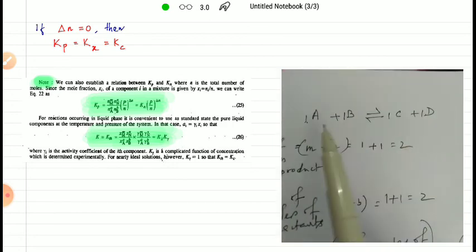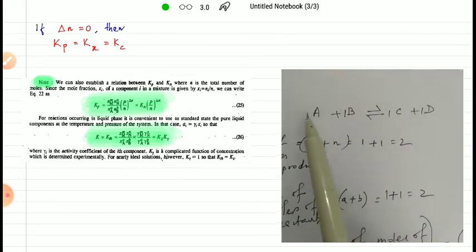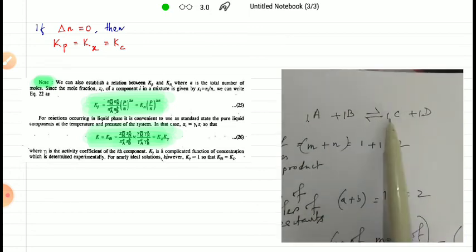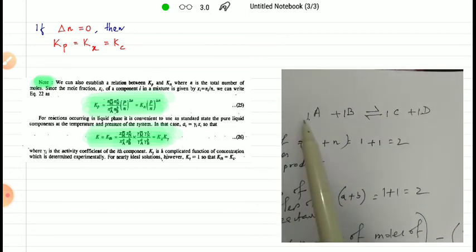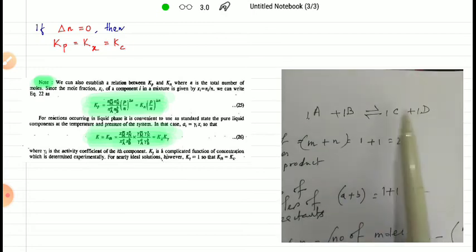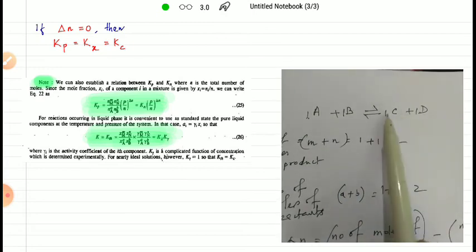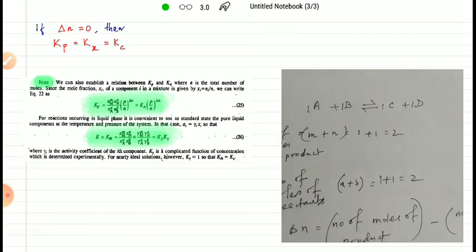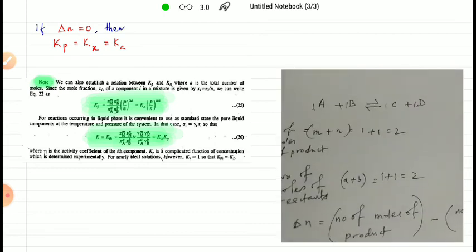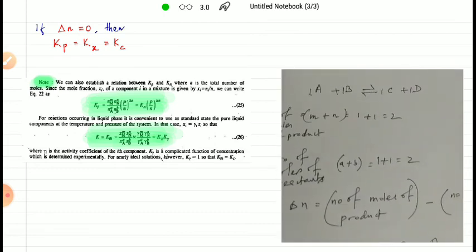Understand? If 2 moles of A react with 2 moles of B and form 2 moles of C and 2 moles of D, then also it will be 0, because the final net del n is equal to 0.